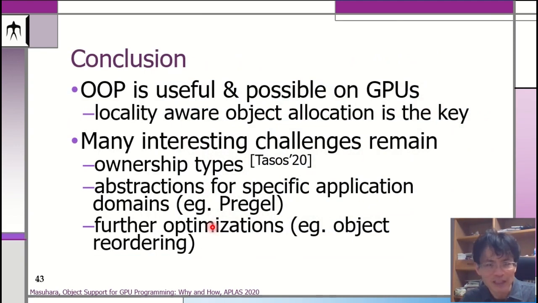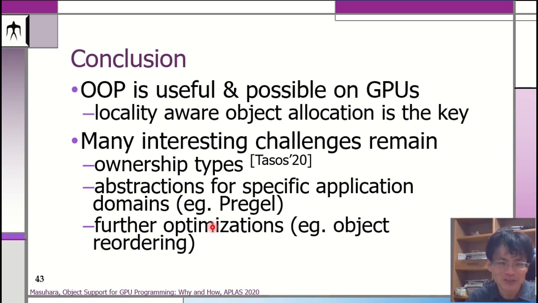So to conclude, in my talk I have shown that object-oriented programming can be useful and actually possible on GPUs. And in order to make it possible, we found that locality-aware memory object allocation is a key technique. We also see many interesting challenges still remaining in this area, like applying ownership types to accurately allocate the memories, or mixing different memory layouts.